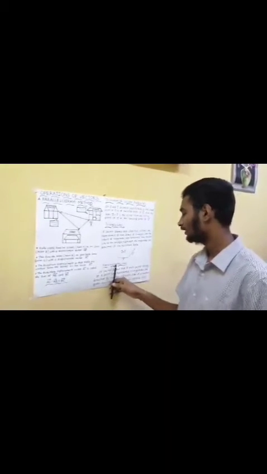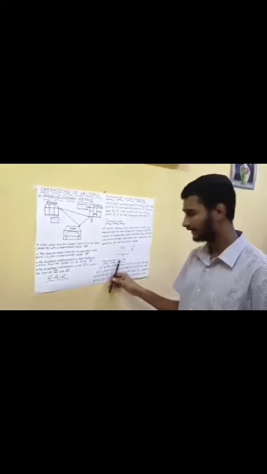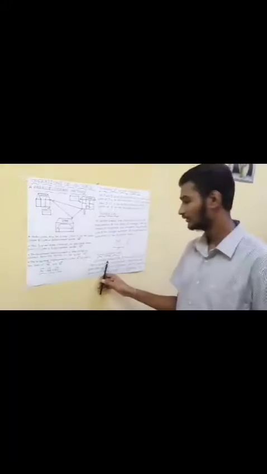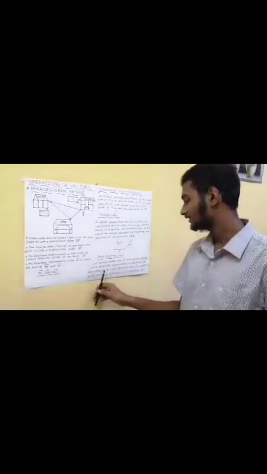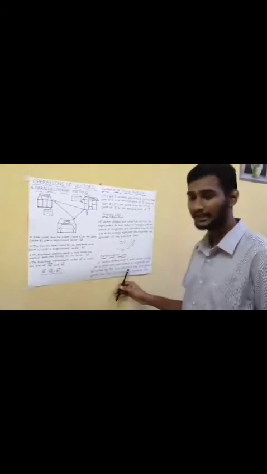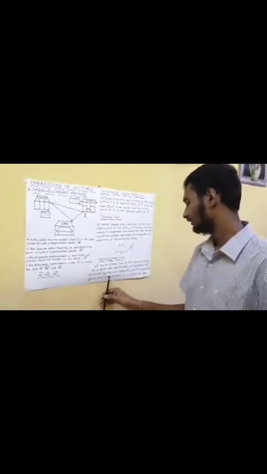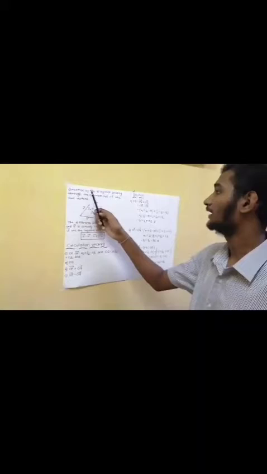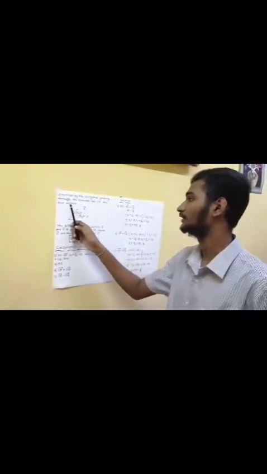Next, the parallelogram law. The parallelogram law of vectors states that if two vectors acting at a point are represented in magnitude and direction by the two adjacent sides of a parallelogram, then their resultant is represented in magnitude and direction by the diagonal passing through the common tail of the two vectors.